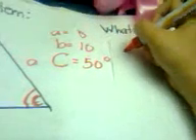So, the formula is c squared is equal to a squared plus b squared minus 2ab cosine C.